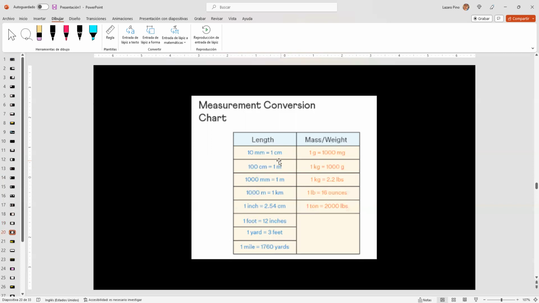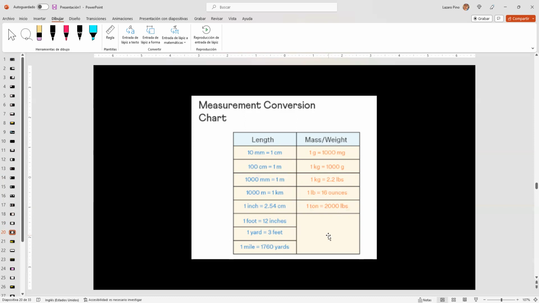We can see that 10 millimeters is equal to 1 centimeter, that 100 centimeters is 1 meter, and so on. Here you have also conversions between yards and feet, inches and centimeters, and different conversions of mass.